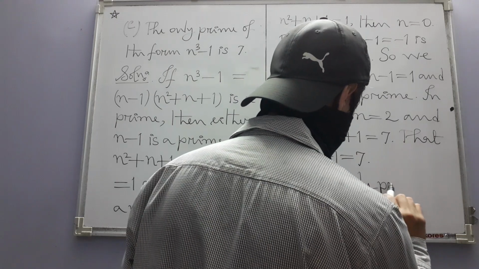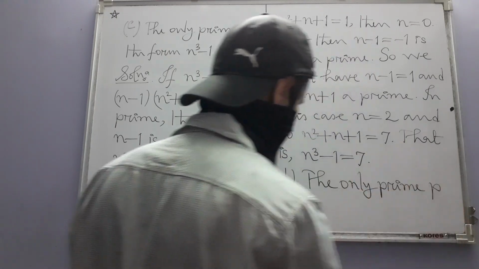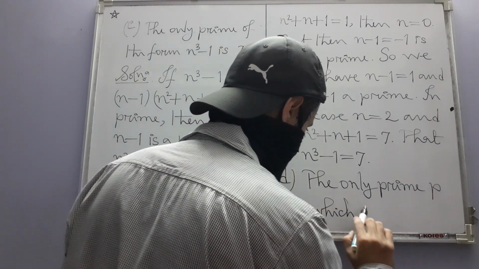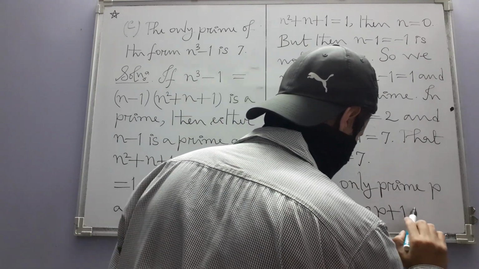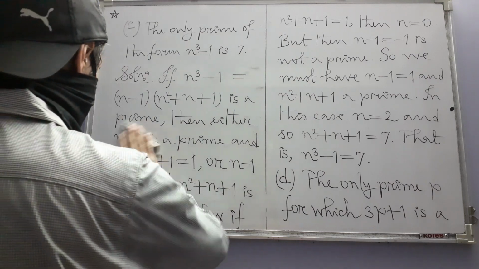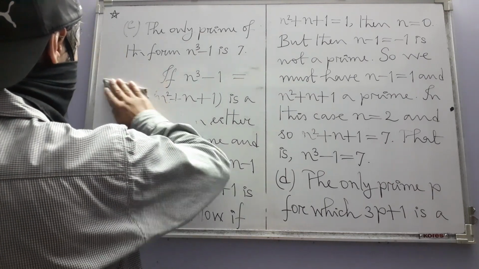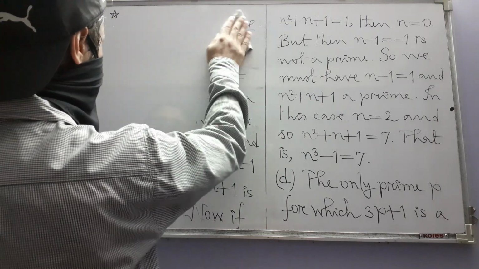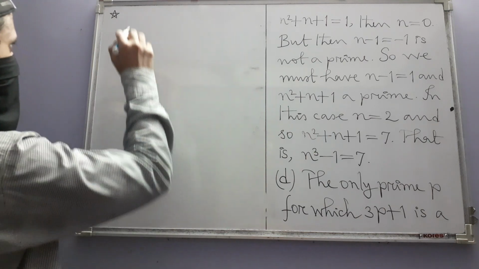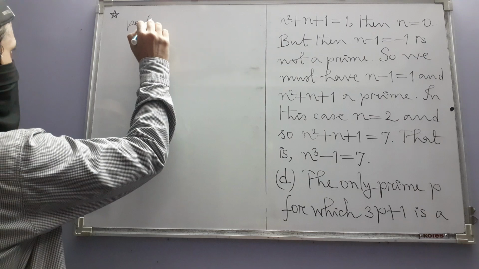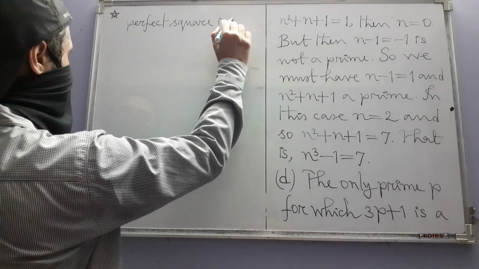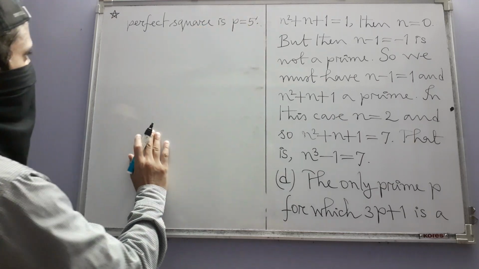The only prime p for which 3p plus 1 is a perfect square is p equal to 5.